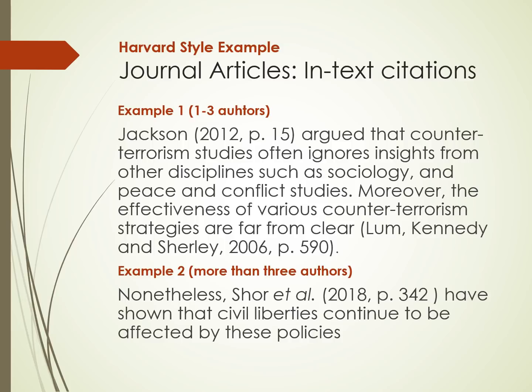But what I want you to note is that when we have more than 3 authors in relation to a particular text, rather than writing them all out, which becomes a little bit laborious, we use this shorthand, which is in example 2. Shore et al., meaning Shore and others wrote this paper. And then include, as normal, the year of publication plus the page number.